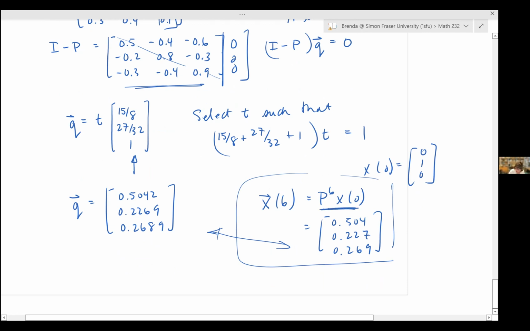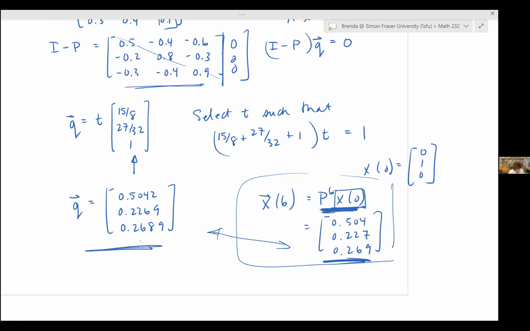So here, what we're doing is we're simply taking the transition matrix, taking it to a large power, multiplying it by the initial state, and that gives us the steady state solution. That same steady state solution can be found by using the methods of eigenvalues and eigenvectors from before.